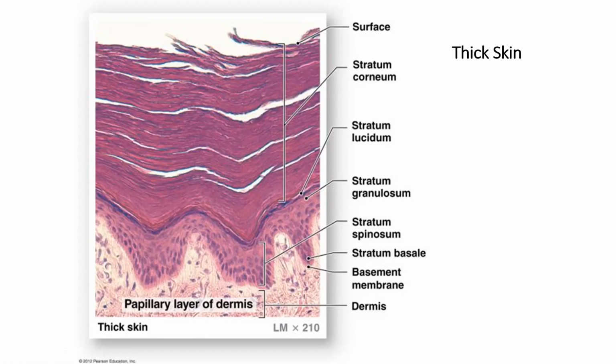Stratum, if it helps at all, means layer, and I believe it's derived from a Latin word for layer. Either way, please make sure you have stratum before each specific layer of the skin to make sure you are addressing layers of the skin and not something else in the body.